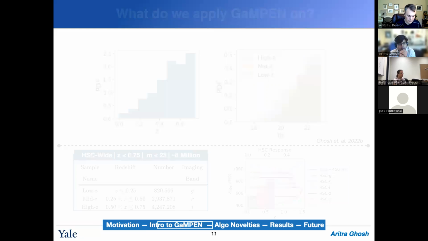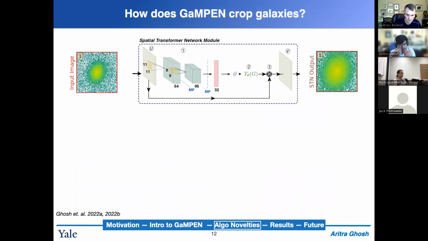I spoke to you about this module in GaMPEN called the Spatial Transformer Network, which can automatically crop galaxies. Now, how does this work? On the left, we have an input image. When we feed it into this network, it gives us an automatically cropped output image.